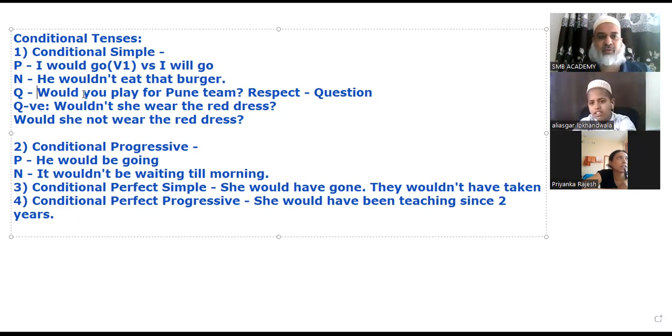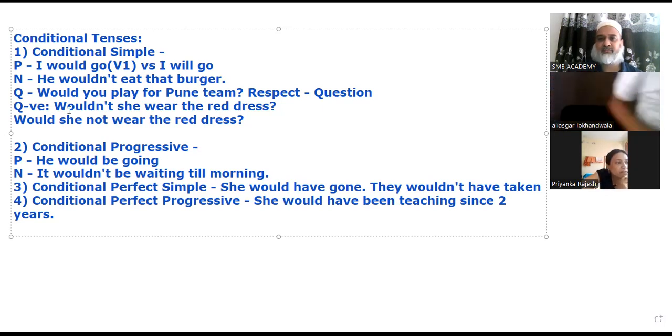Speak a little further, why stop at just laptop? Would he use laptop for meeting? Very good. Negative, Priyanka. Wouldn't they ride alone or with a group?